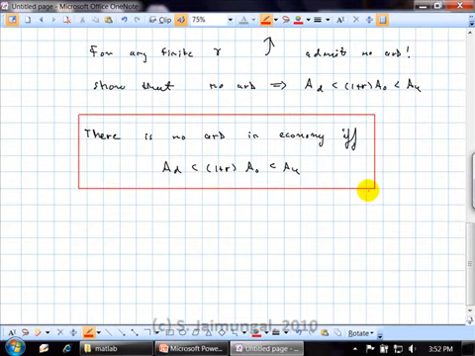I'm not really adding anything, I haven't changed anything here. I've simply rewritten what we had above, but now I've made it an if and only if statement. So that is an exercise for you to show the other way.